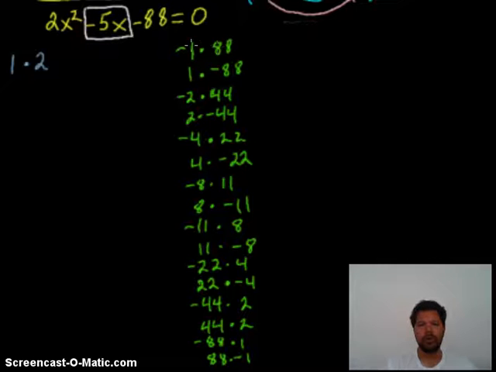So when we have a lot of factors to go through, we want to kind of think about, well, 5 is a pretty small number, and with 1 and 88, that's a really big gap in between the two factors. So we probably want to focus on numbers that are a little closer in value to one another, like their absolute values are a little closer to one another.